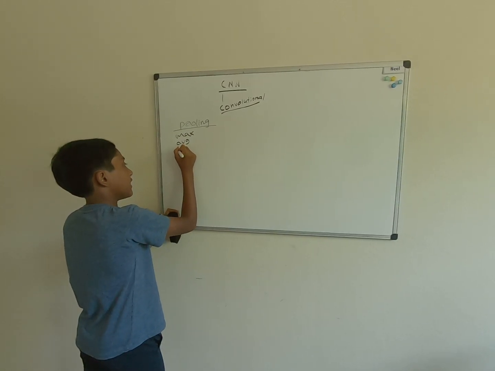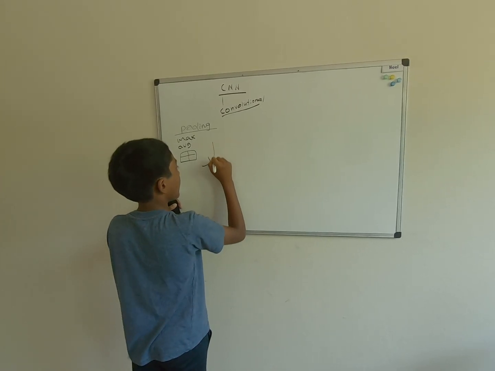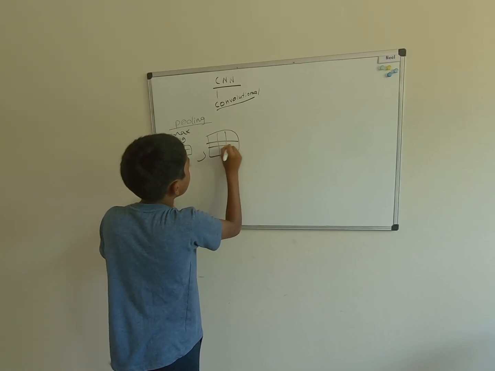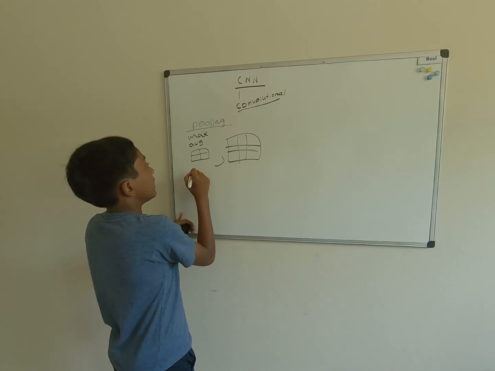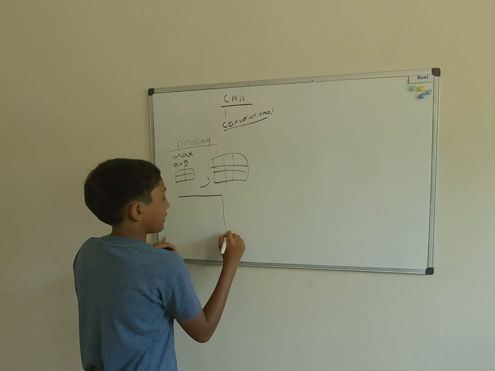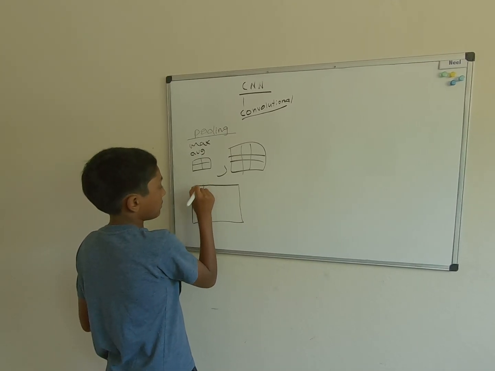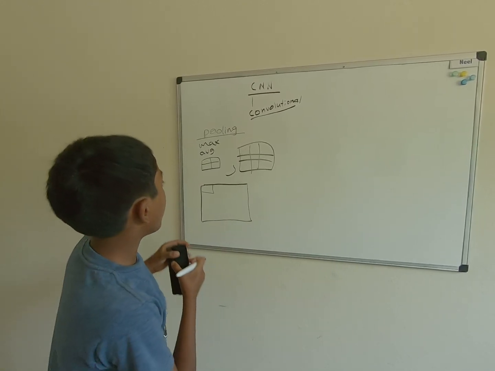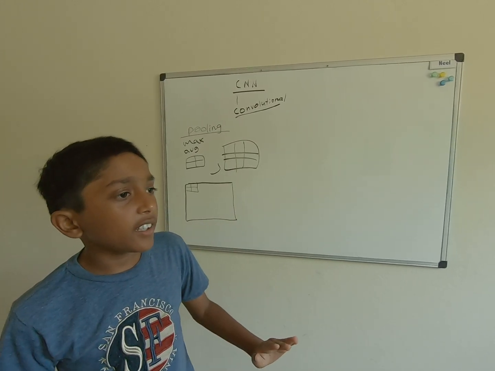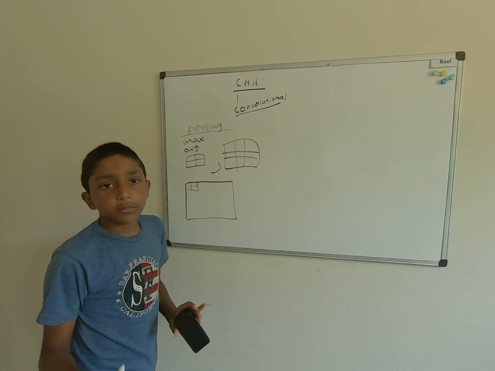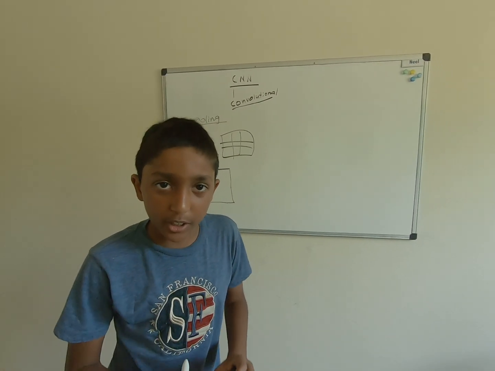So what you do is you take your matrix, and you can define the kernel at this size or that size, it doesn't really matter. You put your kernel on it. Your kernel doesn't have any value. It's just the size of the patch you're taking out of that bigger matrix.